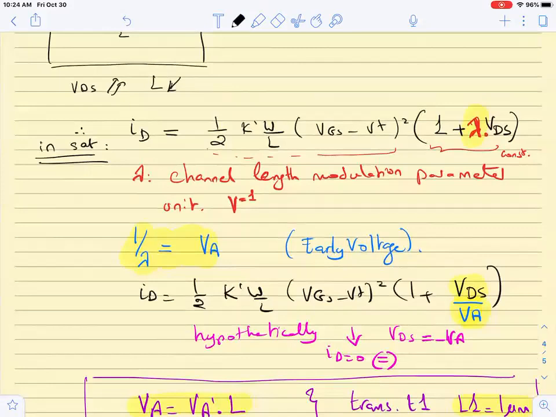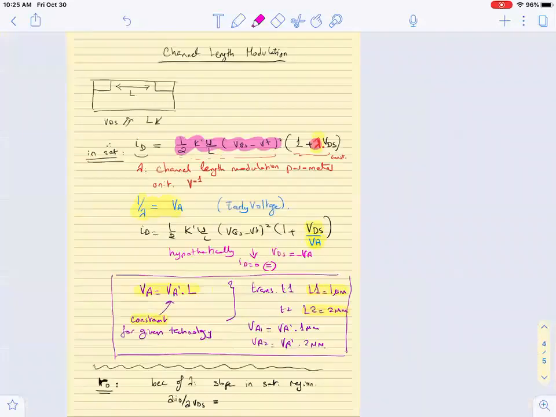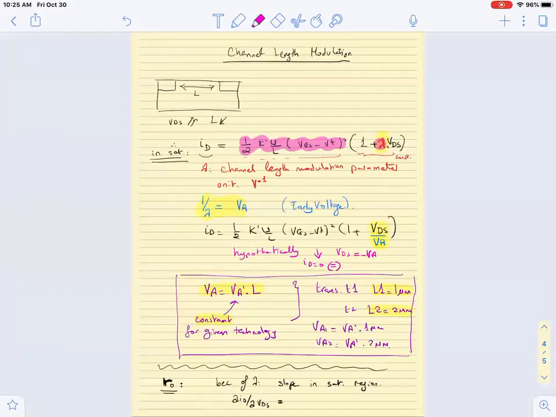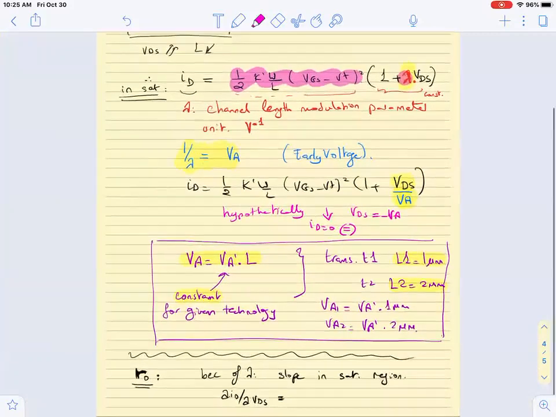If I take del ID from this equation by del VDS, what comes out? Lambda times what? This is all a constant for me, right? This is all a constant times lambda, right? So in this case, the slope that I would get is going to be lambda, or 1 over VA times half K prime W by L times VOV square.